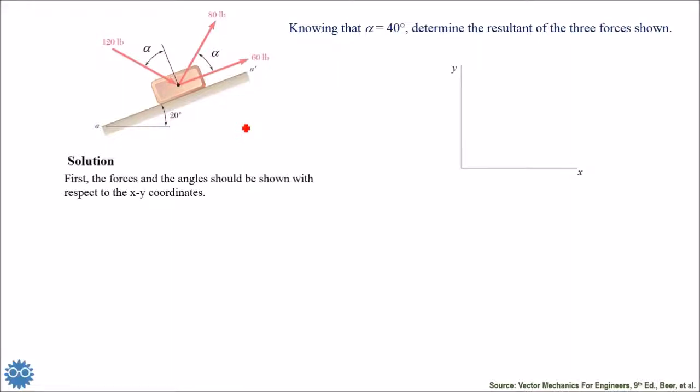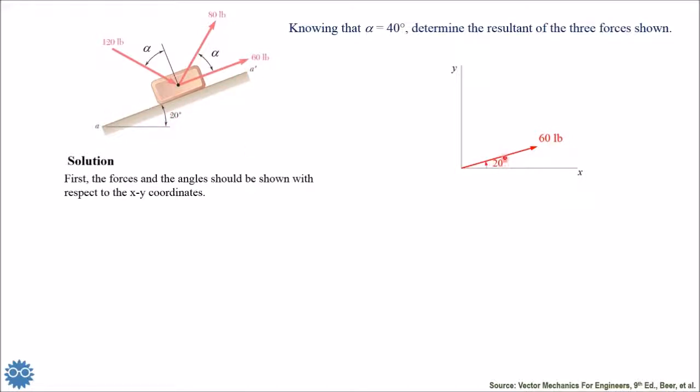So first, let's do the same thing. Let's draw the forces on the XY coordinate system. We see here that the angle is 20 degrees because 60 is parallel to the inclined surface AA prime here.